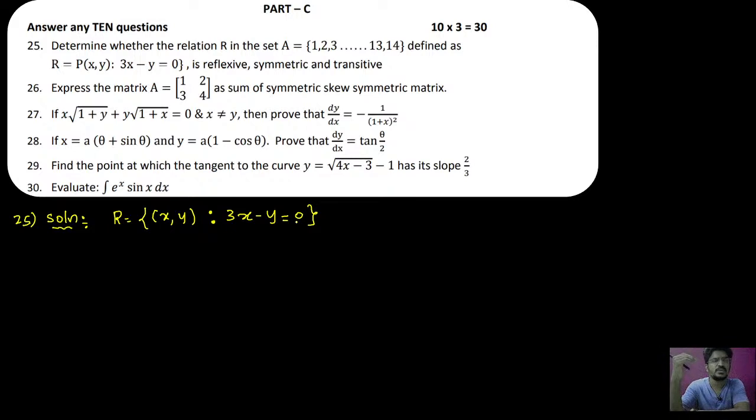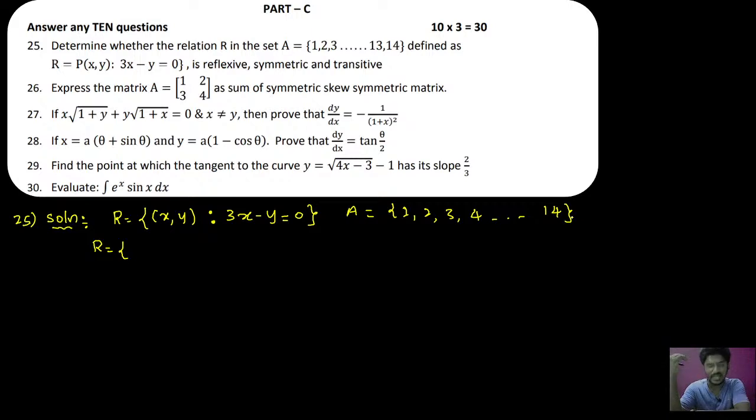Don't worry about that. Clear? So now let us write this R in roster form, defined on the set A equal to 1, 2, 3, 4, so on to 14.